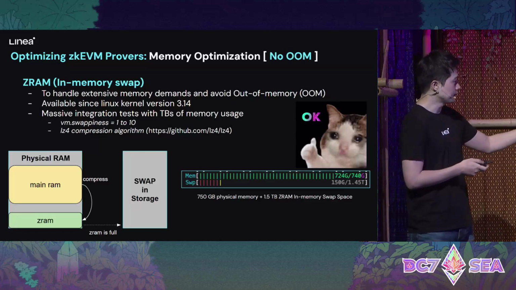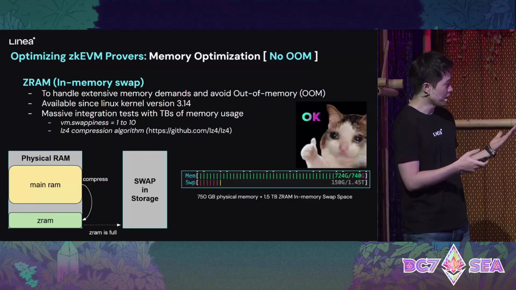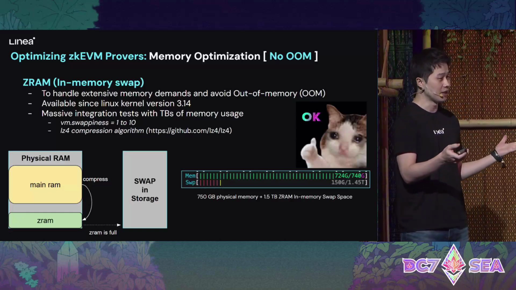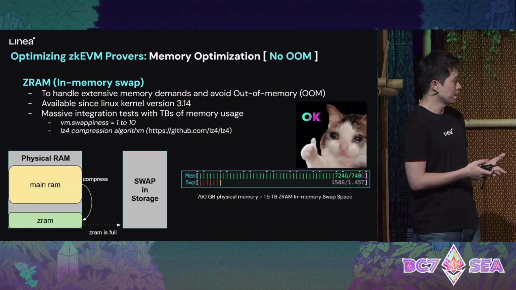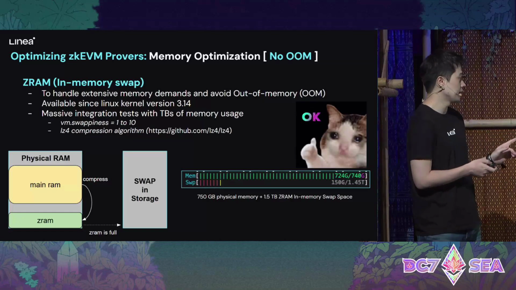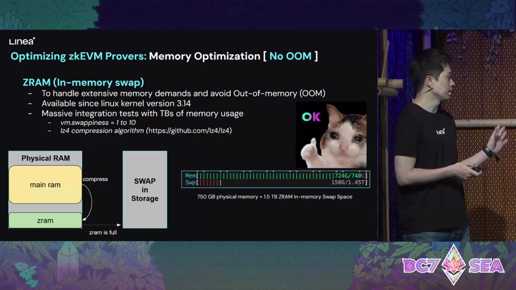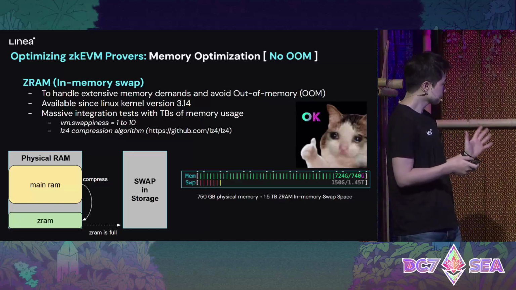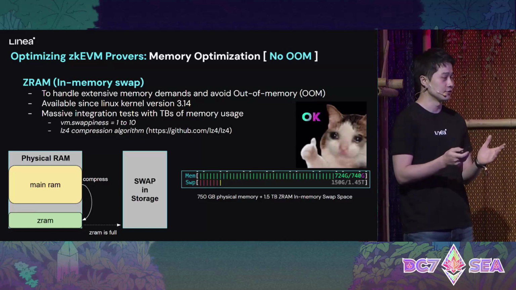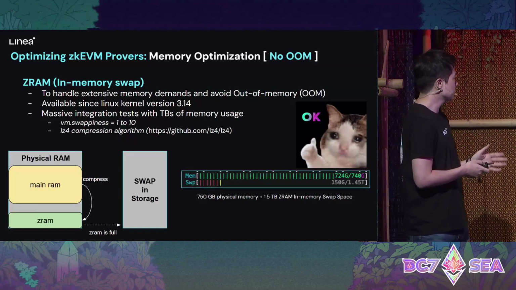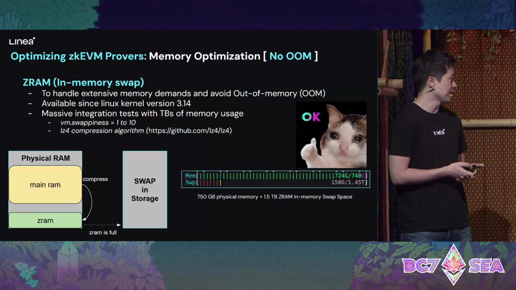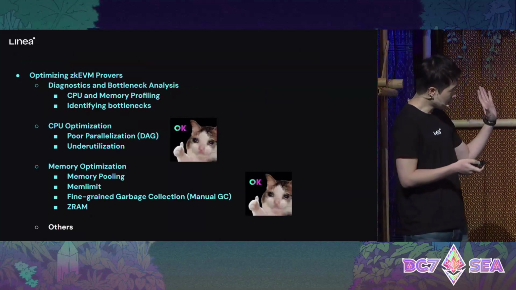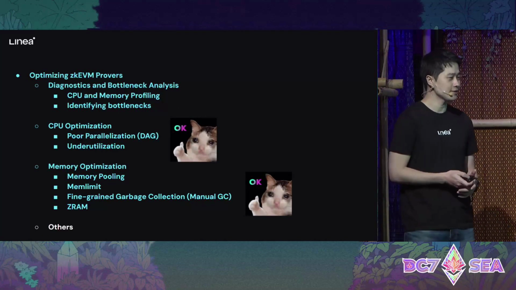For example, over there, we have like 740 gigabytes of physical memory, but I set up like 1.5 terabytes of swap space. So you can actually have a lot more memory and a kind of fast swap space in your system. We are actively using this for massive integration tests with terabytes of memory usage. So finally, we got 2 happy OK cats.